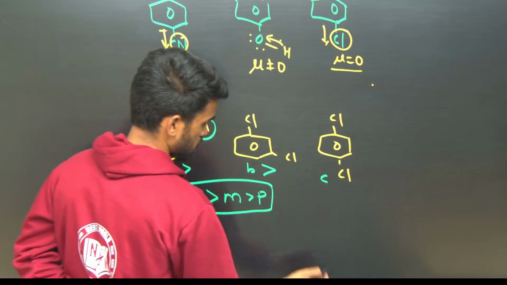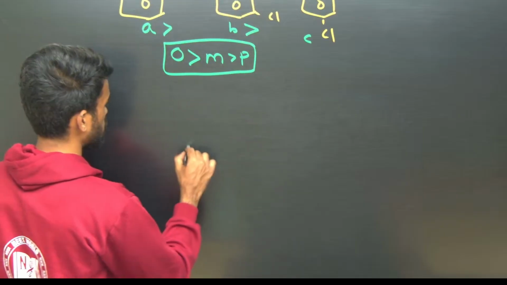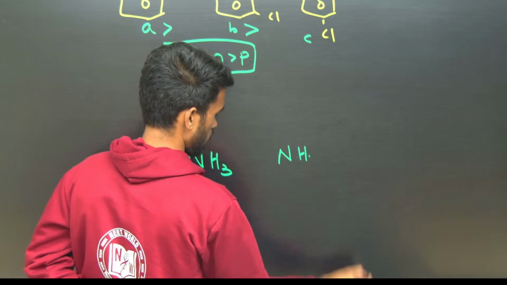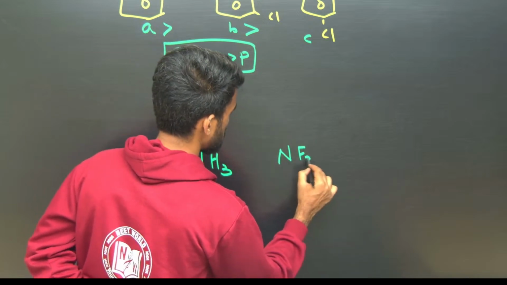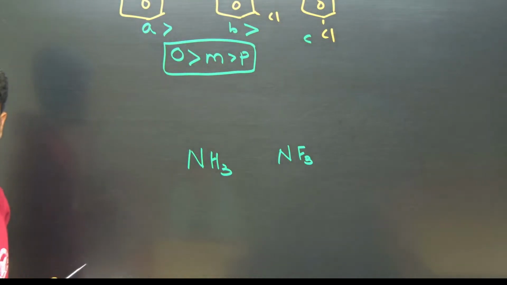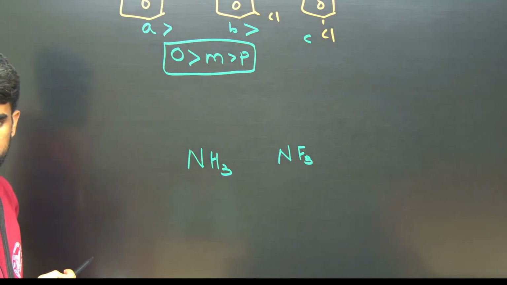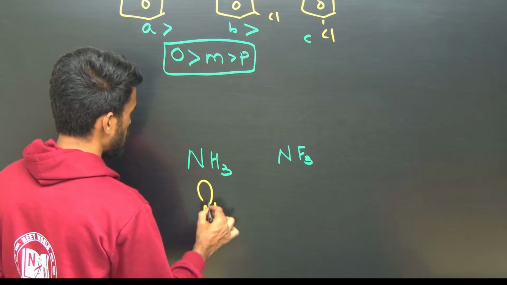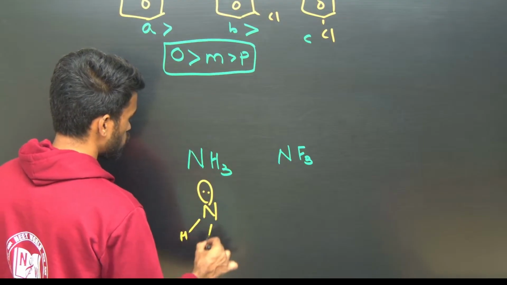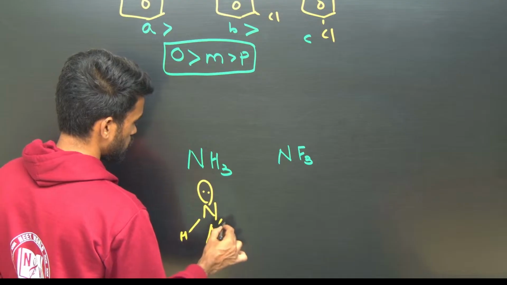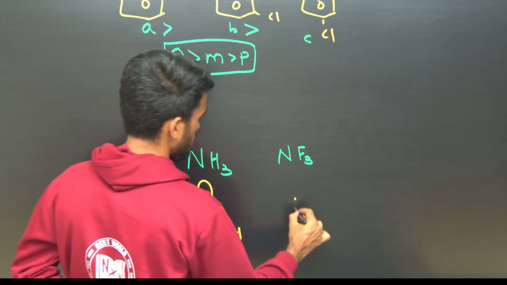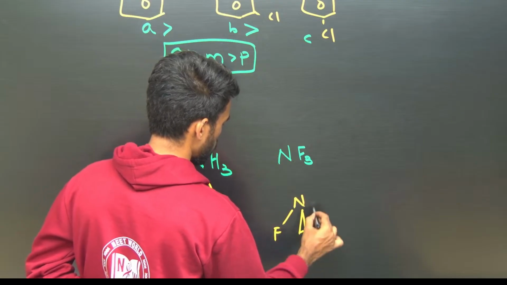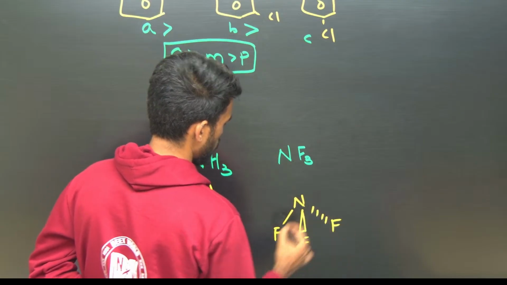Okay, next. Now I will give you something like NH3 and NF3. In this case, tell me which has more dipole moment. Mu will be more for which compound here? See, in the NH3 case, we have a lone pair of electrons here and 3 hydrogen atoms here, and here N, F, F, F like this.